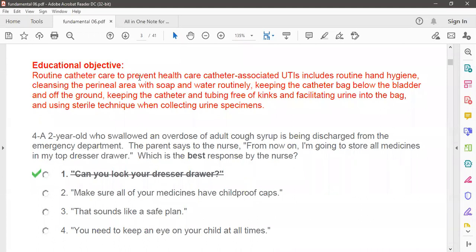Routine catheter care to prevent catheter-associated UTI includes routine hand hygiene, cleaning the perineal area with soap and water routinely, keeping the catheter bag below the bladder and off the ground, keeping the catheter and tubing free of kinks, and also facilitating urine flow into the bag and using sterile procedure when collecting a urine specimen.